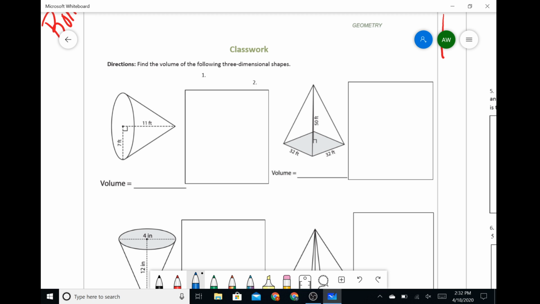Because I've definitely moved since then. Okay. Yeah, it's definitely not going very smoothly, is it?